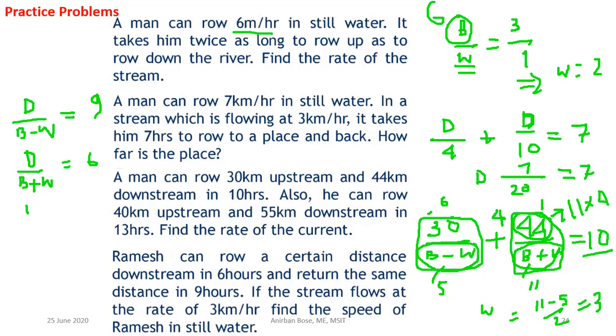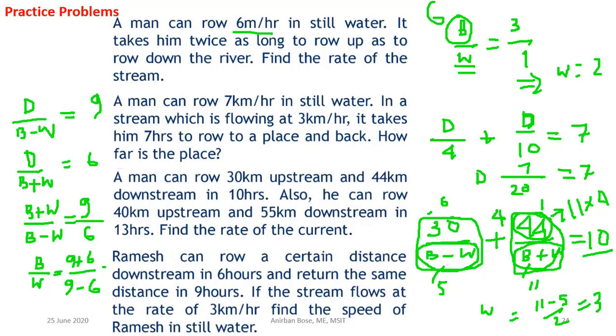So if you take the ratio, what is B plus W by B minus W? B plus W by B minus W is equal to 9 by 6. So what will be B by W? Simply using componendo dividendo, it will be 9 plus 6 divided by 9 minus 6.